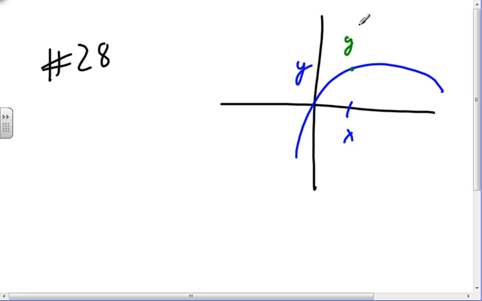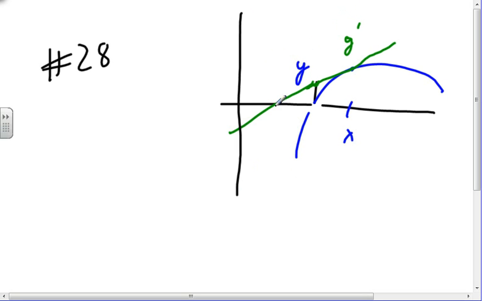So y prime is the slope, and it comes down like that, and it hits here. Oh, it doesn't hit there. Bad picture. Okay, we'll move this guy like that, so now he is over here. Okay, there we go. Now it hits there at x over 2. See how that works?